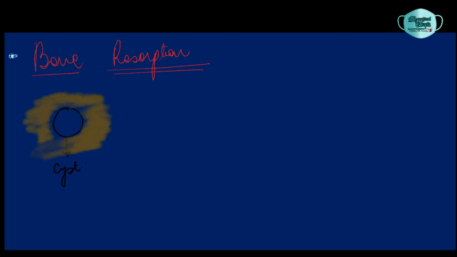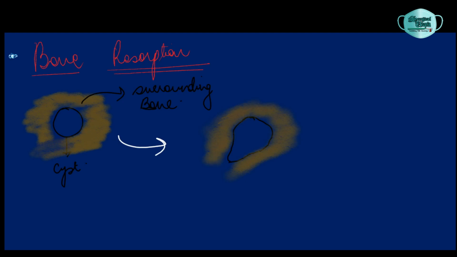Next method of cystic enlargement is through bone resorption, because the growth of any lesion will follow the path of least resistance. So if any area shows resistance to the growth of the cyst, the lesion will automatically deviate towards another area which is easy to penetrate or displace or resorb, and hence through that path of least resistance, the cyst or the lesion will make its way to enlarge and to grow.